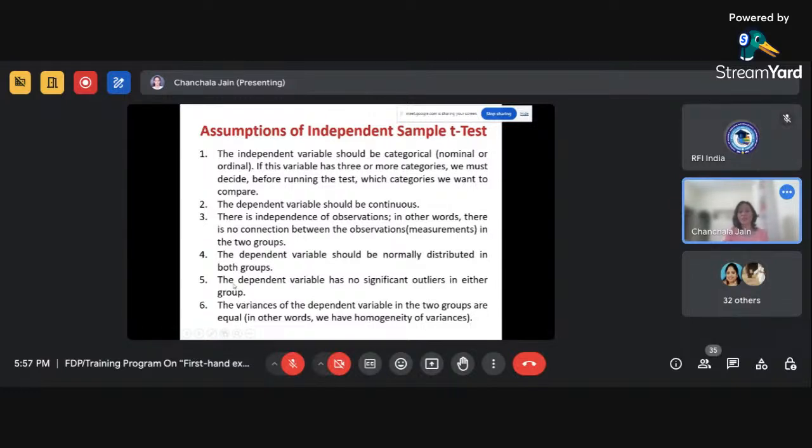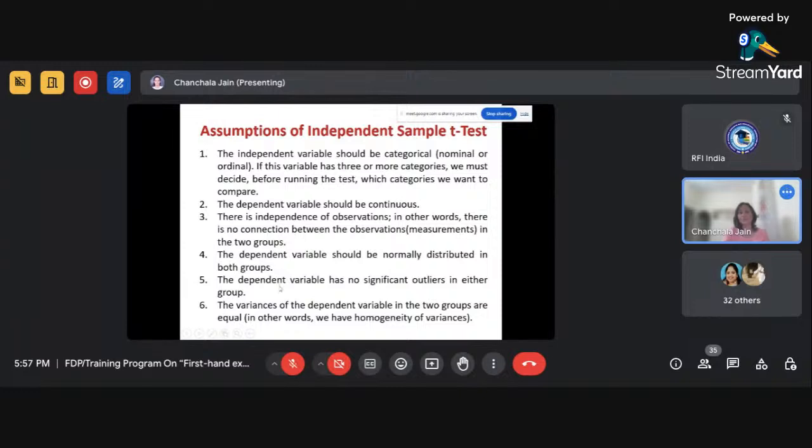Further, the dependent variable should be normally distributed in both the groups. As I already told you, in case of the t-test, we need to have one dependent and one independent variable. And in the independent variable, there should be two groups, or two labels or samples. So in both the groups, your dependent variable should be normally distributed.